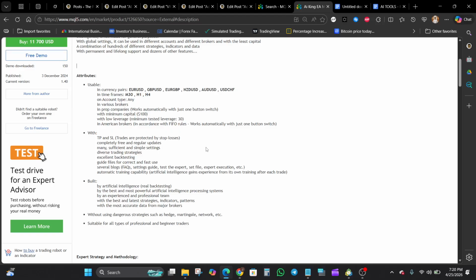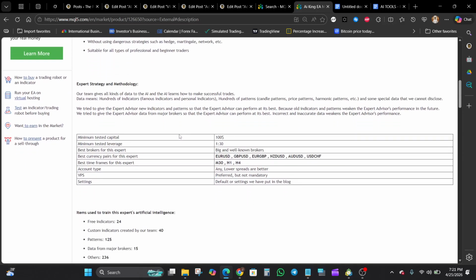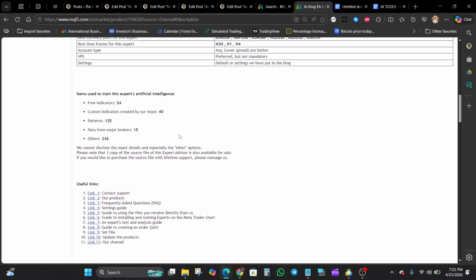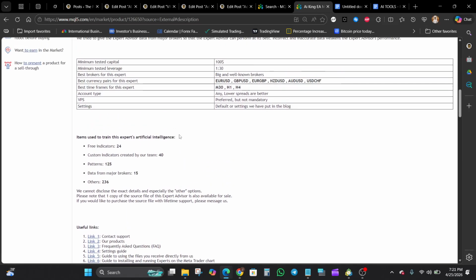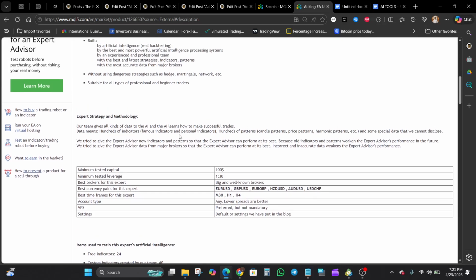So the benefit is flexibility, but it also means results can vary significantly depending on how the AI interprets the market. There's also risk-based lot sizing, where trade size adjusts based on account balance and defined risk percentage. So this helps maintain consistency across different account sizes. And finally, features like the trailing stop and break even are built in, allowing the EA to lock in profits as trades move in the right direction.